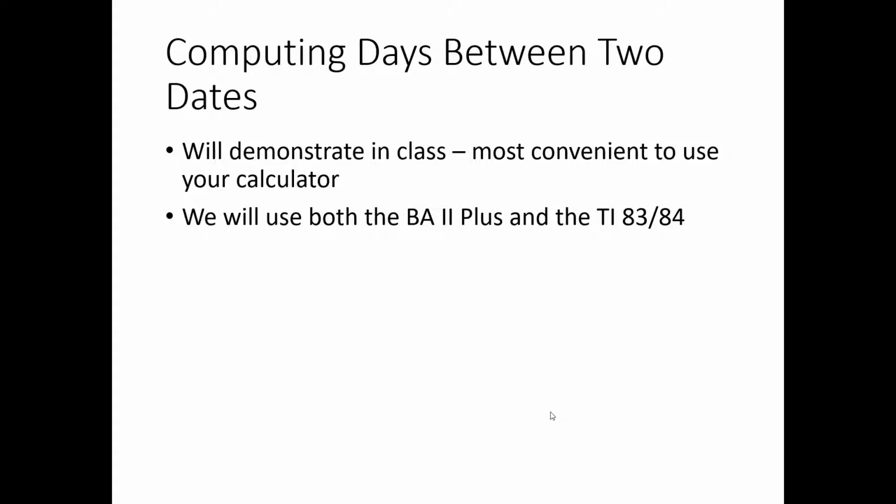If I loan somebody some money on March the 12th, they're paying me back on May the 15th. Well, how much interest should I be expecting on May the 15th? I need to know how long between those two dates. We have a function for that. It's called the days between dates function. It's both in the BA II Plus, and I'll show you how to do it in the TI-83.